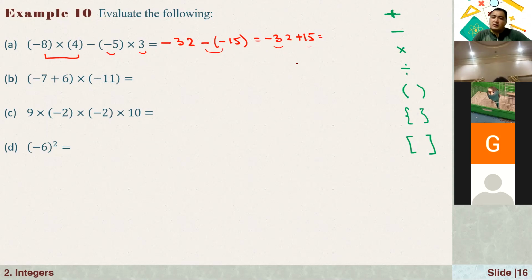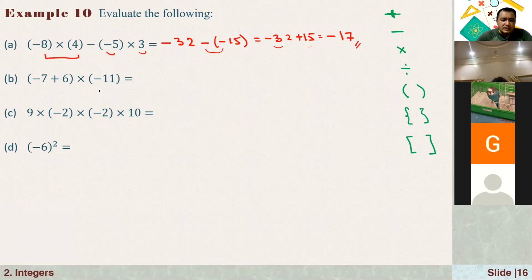Their signs are opposite, so we have to subtract the absolute values. Which one is greater? 32 is greater if you ignore their sign, so the result will be negative. 32 minus 15 is 17. So the answer is negative 17.